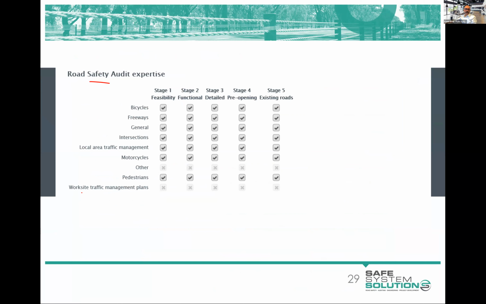I didn't tick worksite traffic management plans. I still don't. I've done a handful of them in my time. I try to avoid them if I possibly can. I've got colleagues who love doing them. But yeah, other was originally just put in there as a holding line in case we wanted to put, like, autonomous vehicles or e-scooters or something popped up that was different.